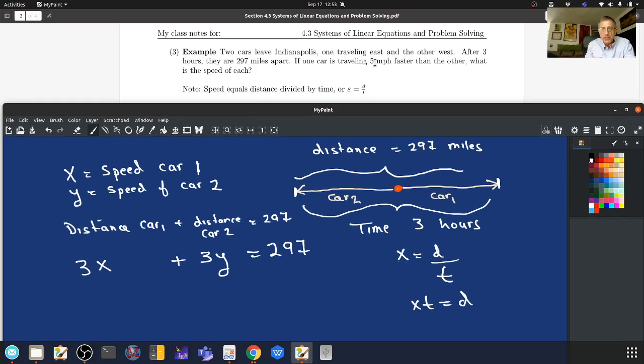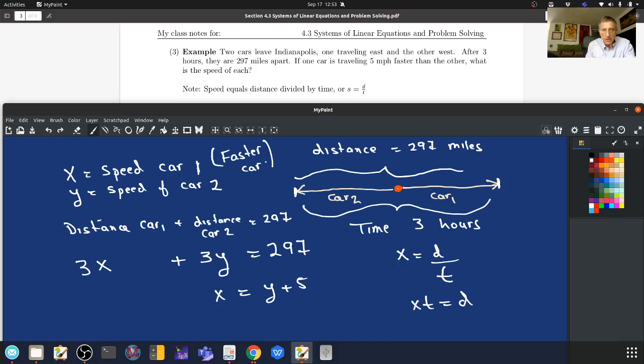If one car is traveling 5 miles faster than the other, what is the speed of each? So I'm just going to say x will be equal to the speed of y plus 5. So that means x is going to be the faster of the cars because it's going 5 miles faster than car 2.